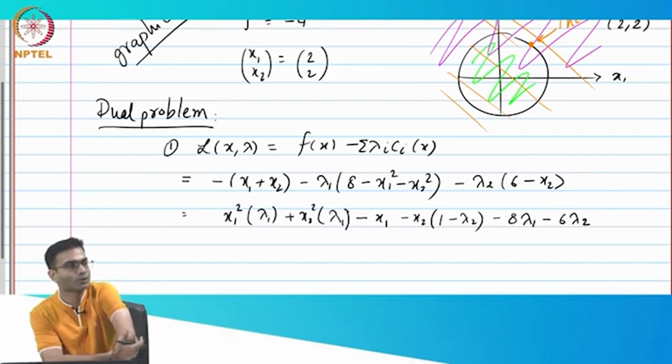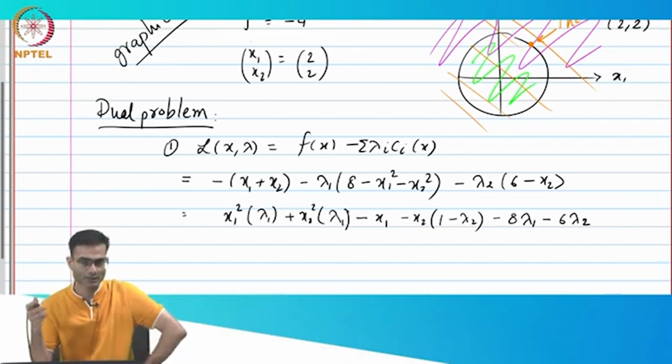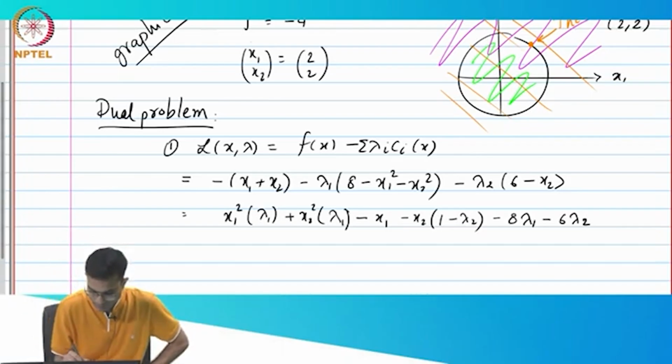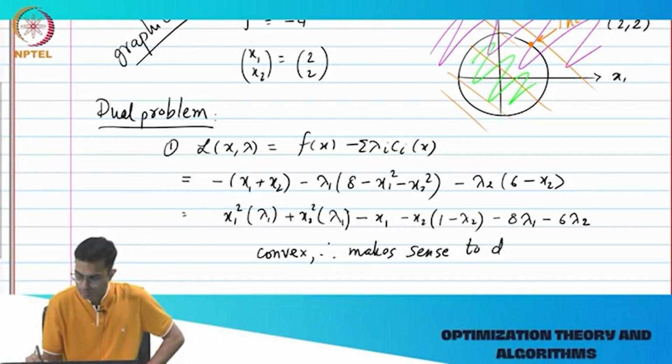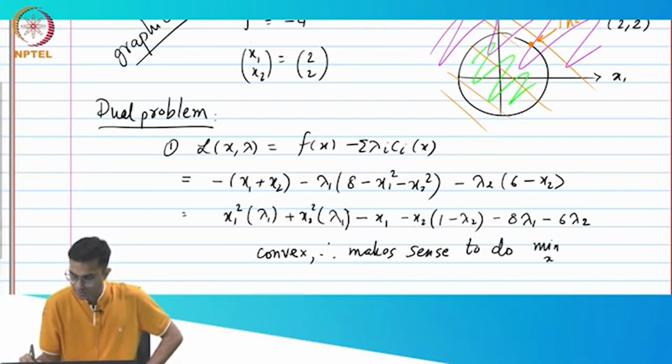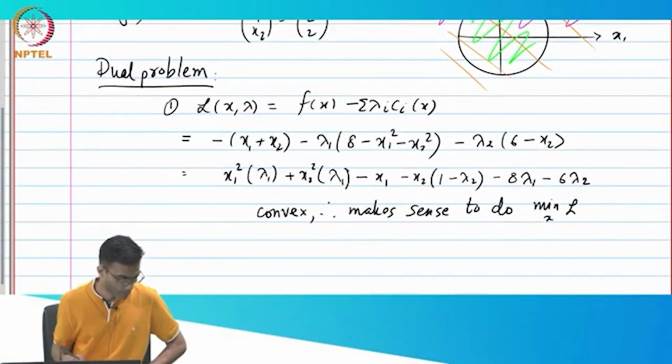Why are lambda 1, lambda 2 greater than or equal to 0? Because these are inequality constraints, right? These are all the subtle points. If it were an equality constraint, I cannot say that, right? So this is convex, therefore it makes sense to minimize this with respect to x, otherwise it does not make any sense.